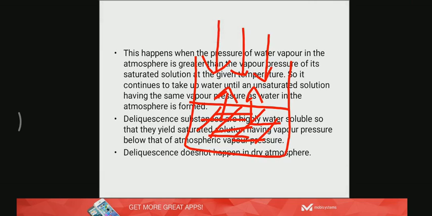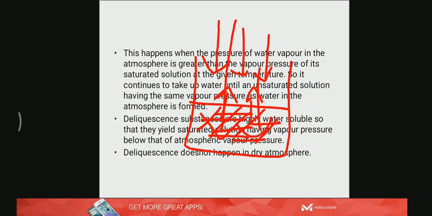So naturally, water vapor will come to the solution, or the solution will absorb water vapor to achieve equilibrium. So more water vapor will come down and the solution becomes dilute and unsaturated. Until then, it continues to absorb water vapor.